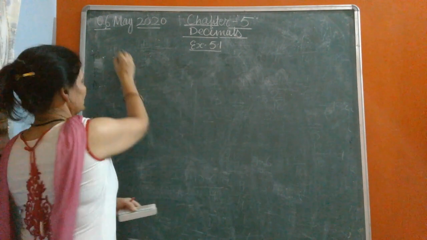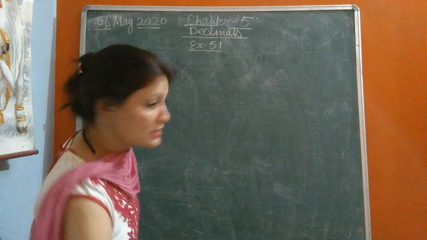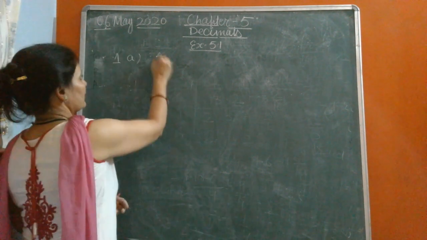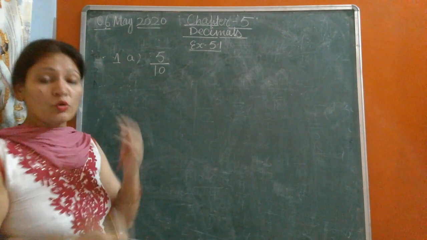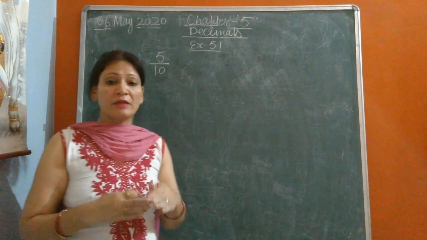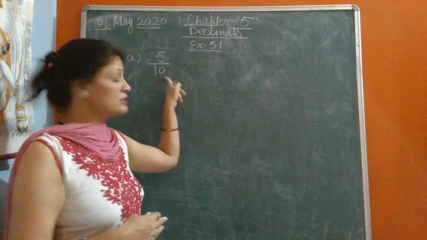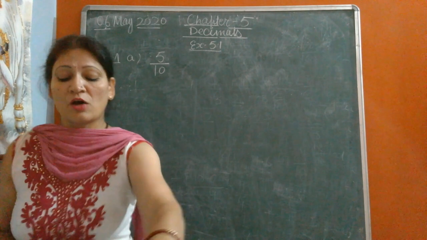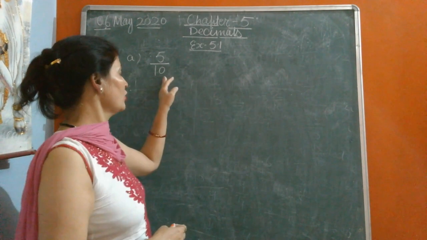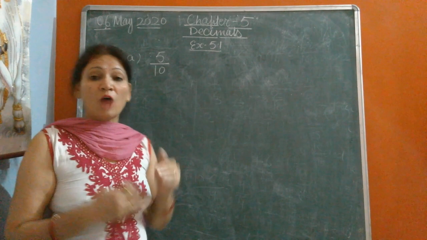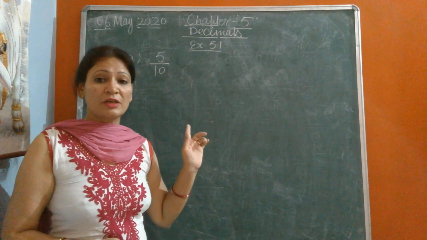Now, question 1, part A is 5 upon 10. How to do this question? In the denominator, 10 is present. Count from right to left. How many zeros are in the denominator?